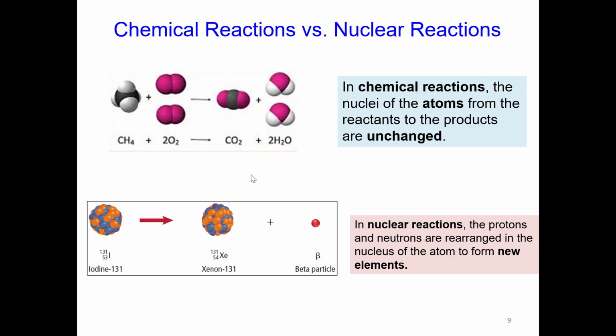But in the case of nuclear reactions, the protons and neutrons are rearranged in the nucleus. And this is why they form new elements, because the number of protons and neutrons change during a nuclear reaction. In this example, we had iodine in the reactants, but in the products we had different elements. We had xenon plus beta particle.